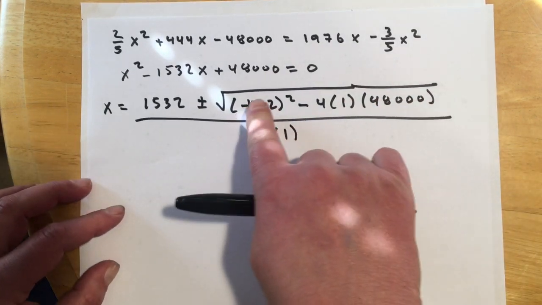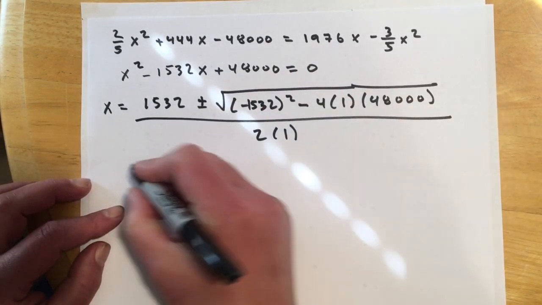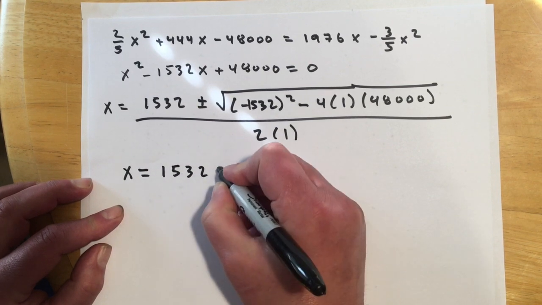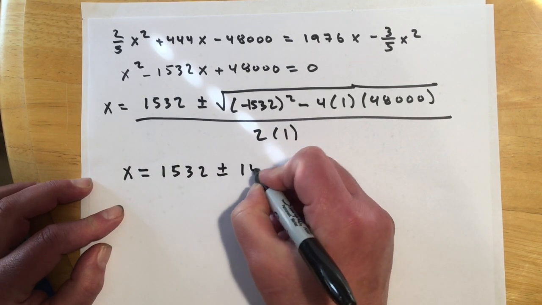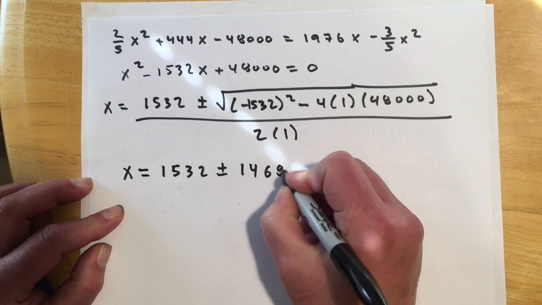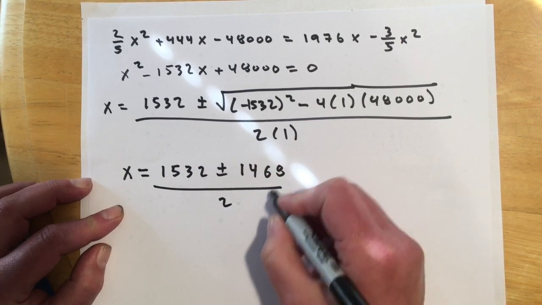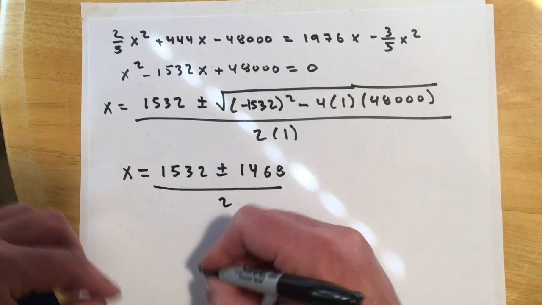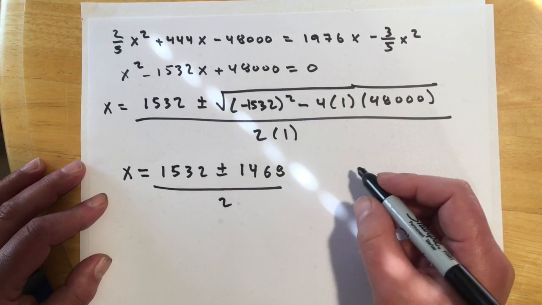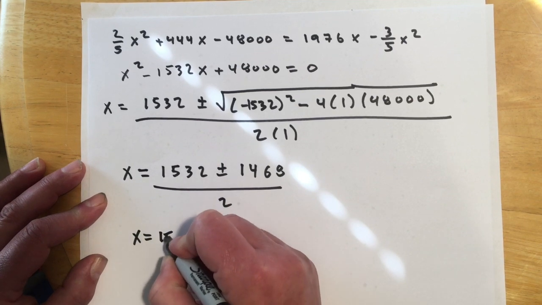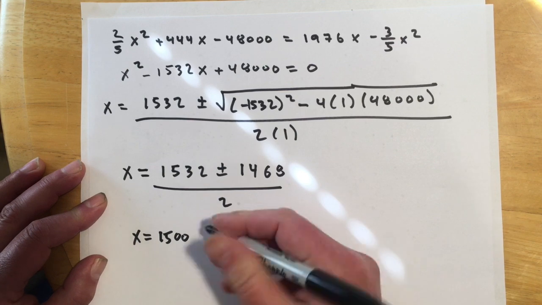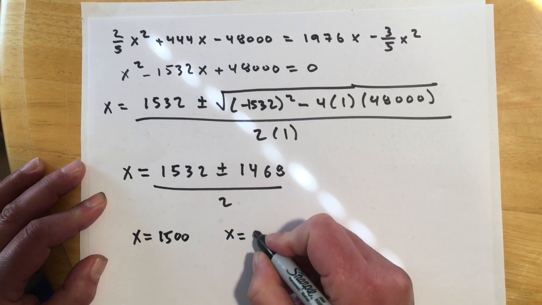So then I threw all this in the quadratic and I took the root, and that got me x equals 1532 plus or minus 1468, over 2. And then if you do the 1532 plus the 1468 divided by 2, that ends up coming out to, I think it was 1500. And if we do 1532 minus that divided by 2, that one comes out to 32.